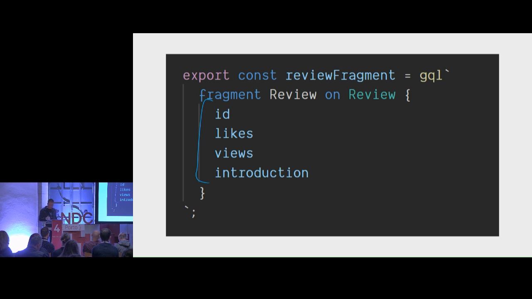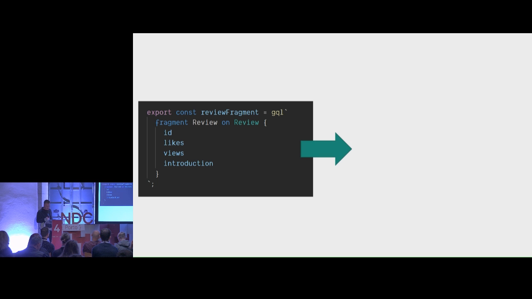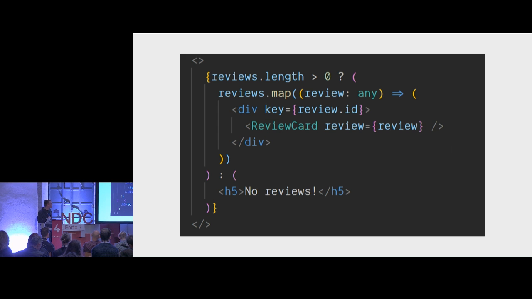And now we can use it in our schema, and it will generate us a type that we can use here. And if anyone noticed, I had declared this as any. Really shouldn't do this, but for the sake of example, it's here. If you can at all avoid it, don't type your stuff as any.